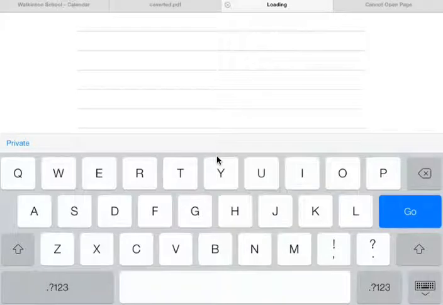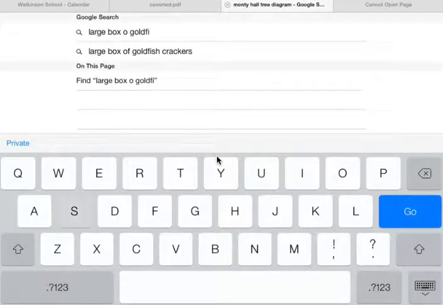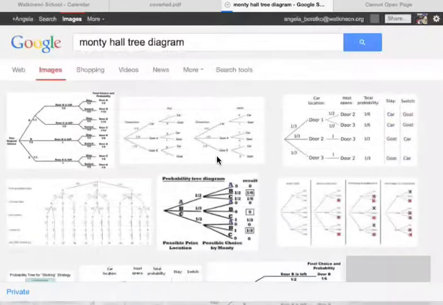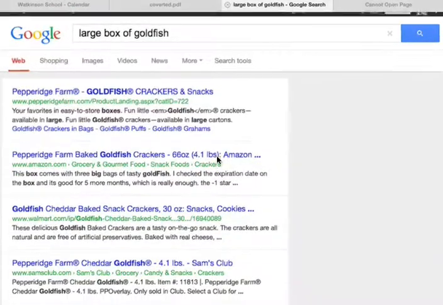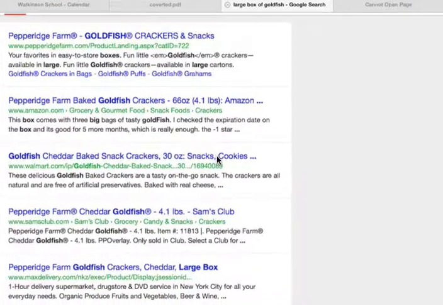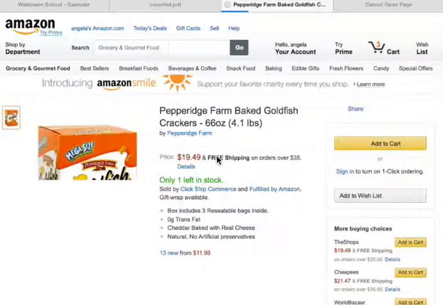So I'm going to search large box of goldfish on the internet and think about how big a box of goldfish I can really buy. Wow, there's a 66-ounce box of goldfish on Amazon, so let's look at that.